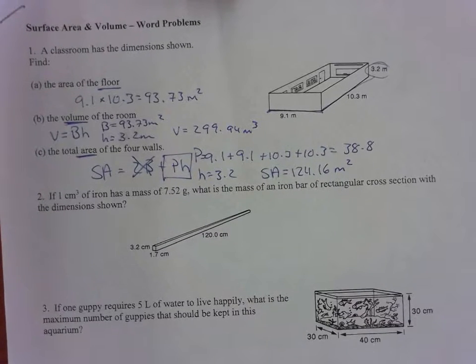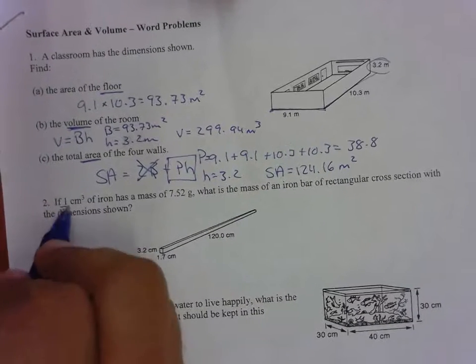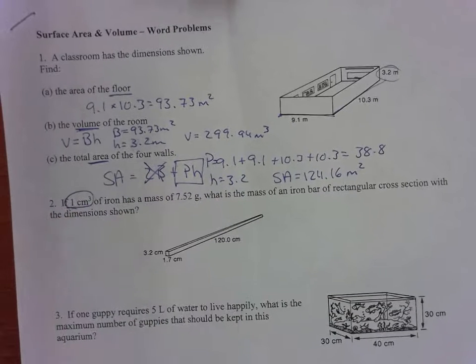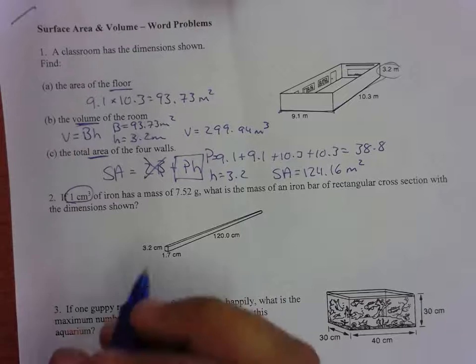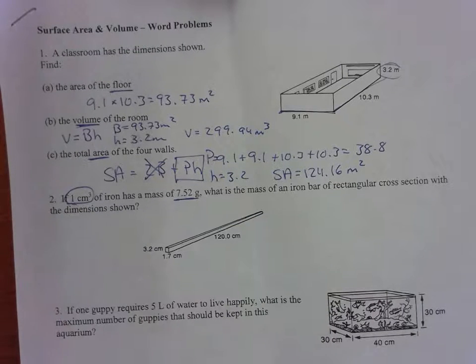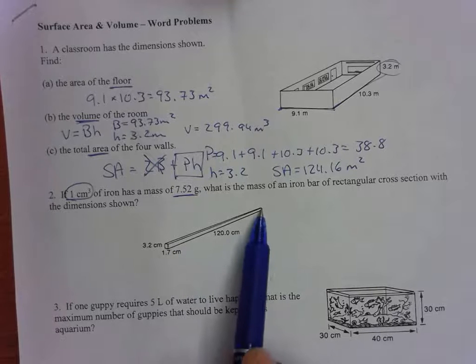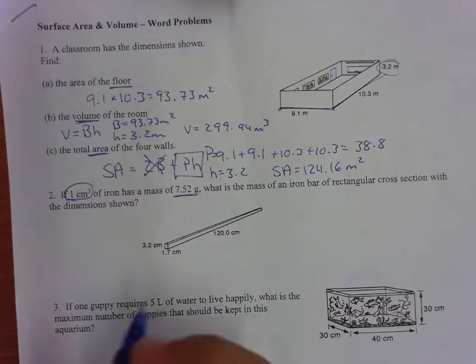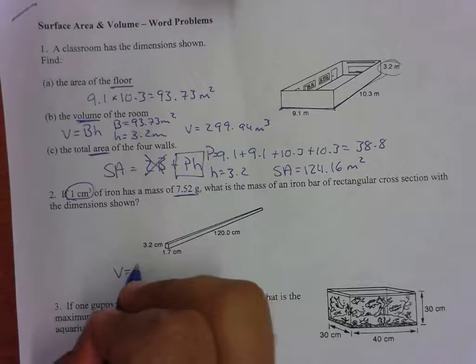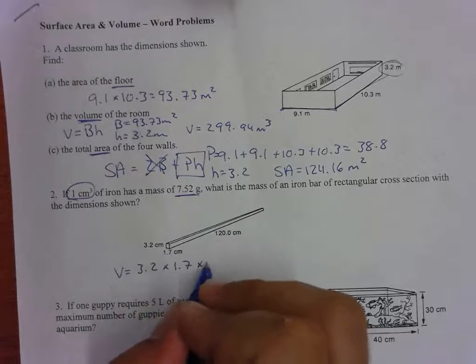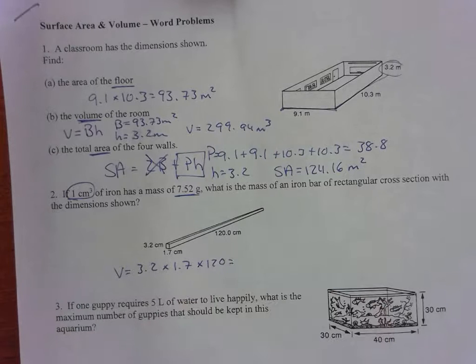Next question. They told you that 1 cubic centimeter, this is cubed, so it's volume. 1 cubic centimeter of iron has a mass of 7.52 grams. Then they told you you have this rod. Find out how many cubic centimeters of iron is in this rod. So that's volume. So it is 3.2 times 1.7 times 120.